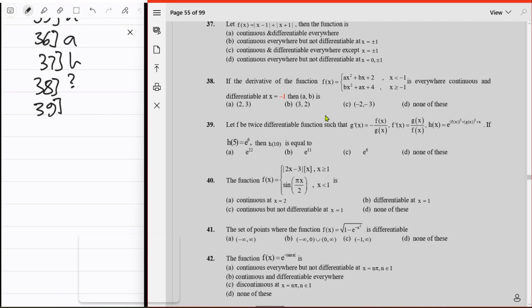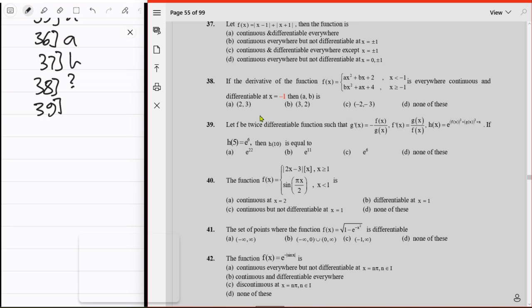That's the only way. But none of these options have a equal to b, and if a equal to b, then it's having a difference of 2 at x equal to -1, right? That's a jump discontinuity, which makes no sense because it's already a twice differentiable function. So there's no such a-b pair that this happens.